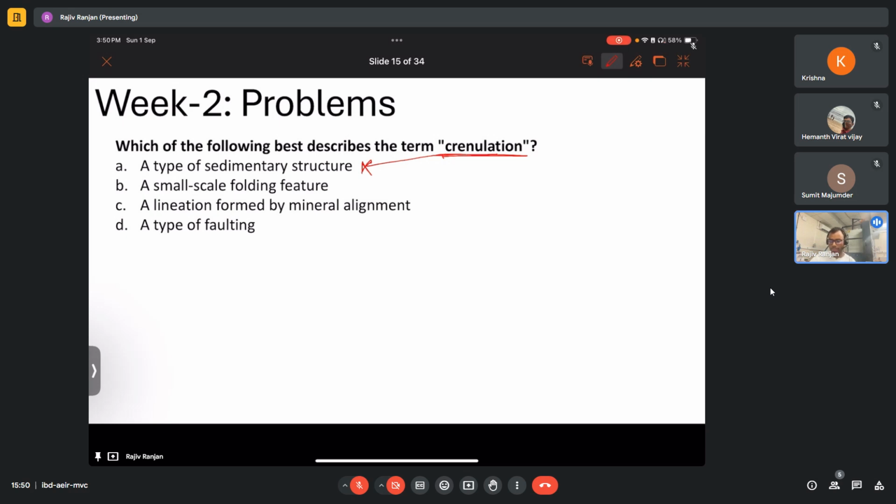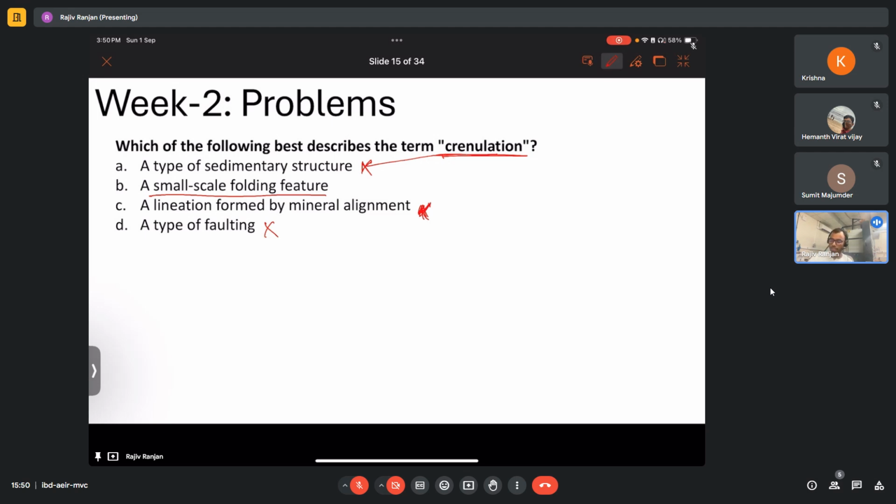Type of faulting: there is no relation with faulting for the crenulation. Linear alignments found by mineral alignment? No, there is nothing to do with mineral alignment. I mean, there is, but it's mainly related to small scale folding. Why?